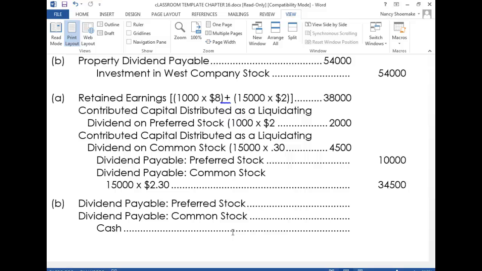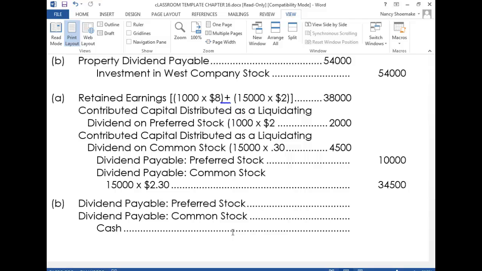So we're taking our 1,000 shares of preferred at $8 a share for a cash dividend, and then it tells us that the dividend on the common stock is $2.30, but 30 cents of that is going to be a liquidating dividend. So the real cash dividend is $2 for 15,000 shares. Does that make sense? And then the difference is the liquidating dividend.